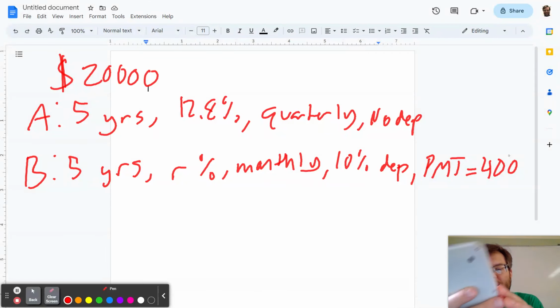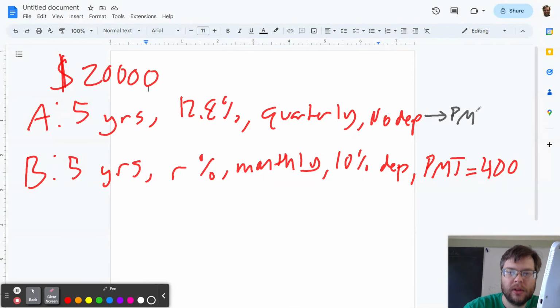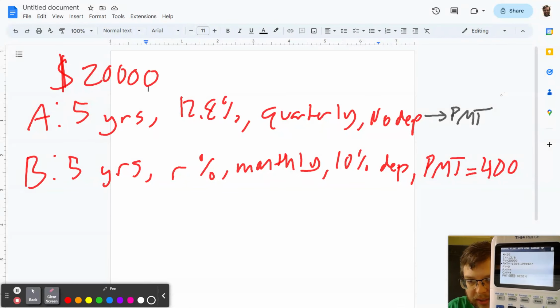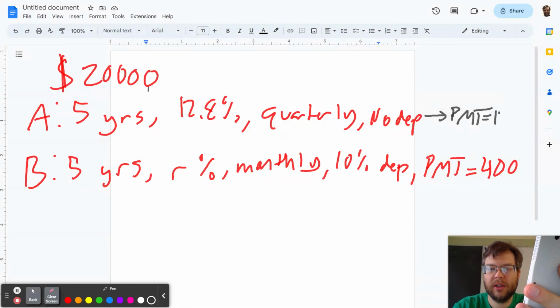So your screen should look like this, and then I'm going to ask it to calculate the payment. So I go up and I highlight payment, alpha, enter, green button, solve. So let's put this in a different color. So we just solved for the payment, and the calculator says the payment is 1369.29.